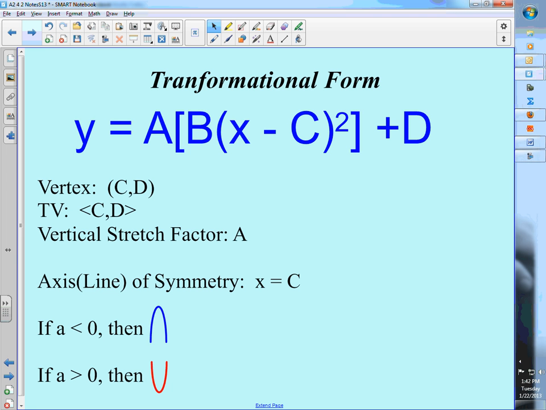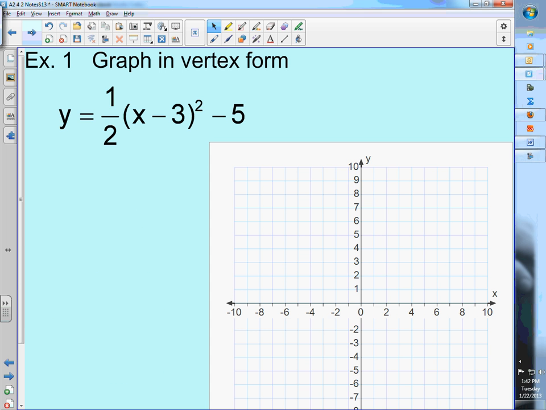Axis of symmetry has an equation of x equals c. And we know that when a is less than 0, we're an upside down parabola like a rainbow. And when a is greater than 0, we're right side up like a smile. This is nothing new for you guys. Okay? Graphing these is incredibly fast. Where's the vertex? Negative 5.